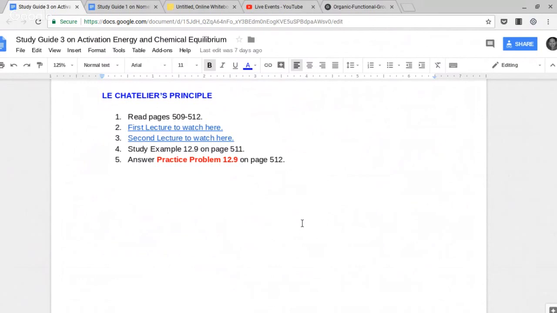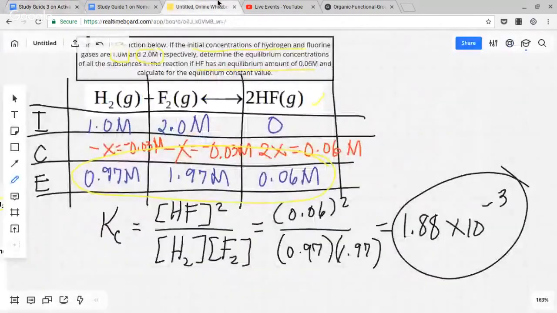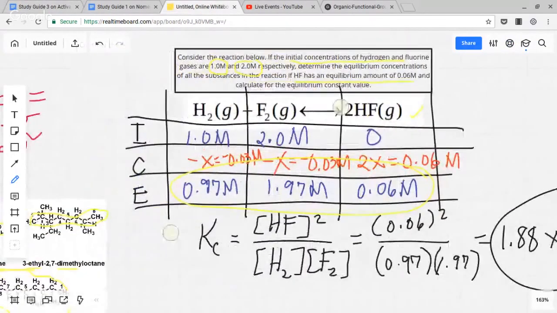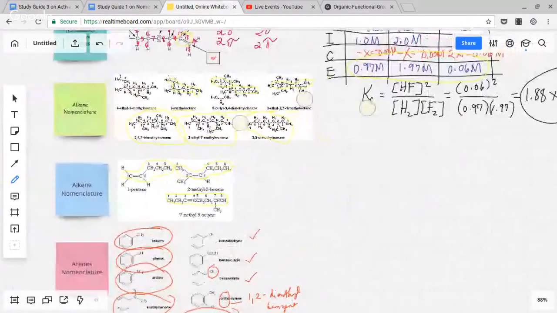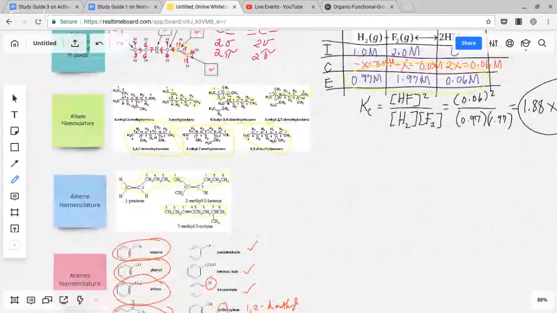So please watch that, and go look at your answers also in the textbook exercises about Le Chatelier's principle. So, yeah, that concludes everything for today. This concludes everything that we've tackled for this term. And that's basically the summary of everything.